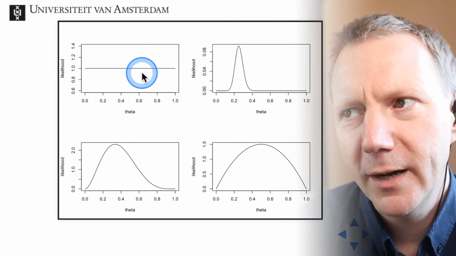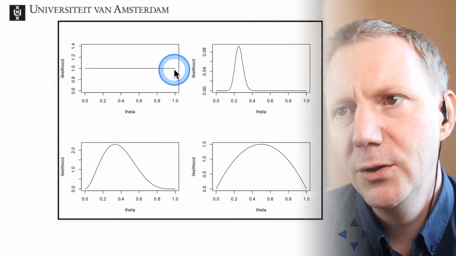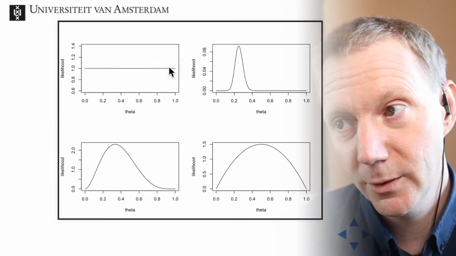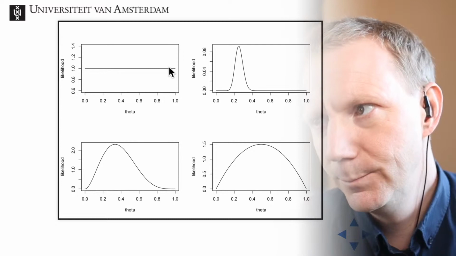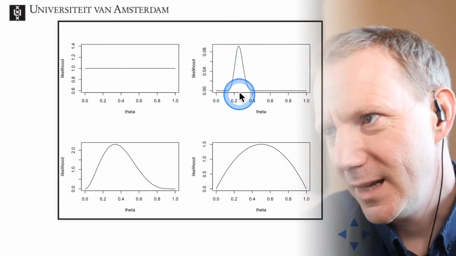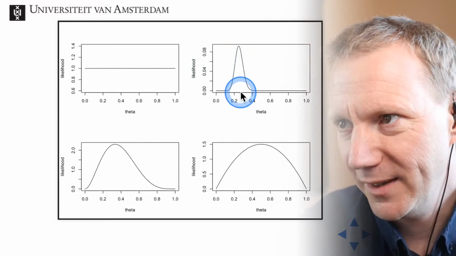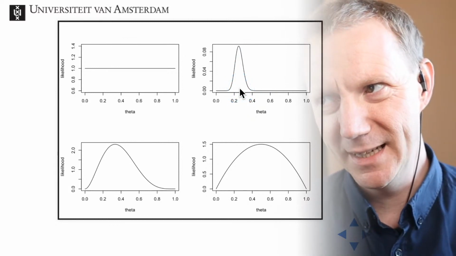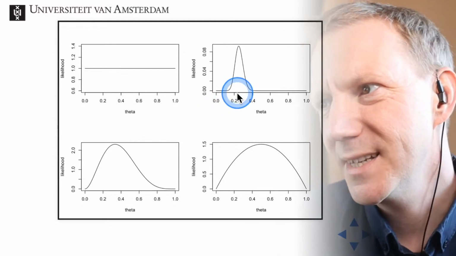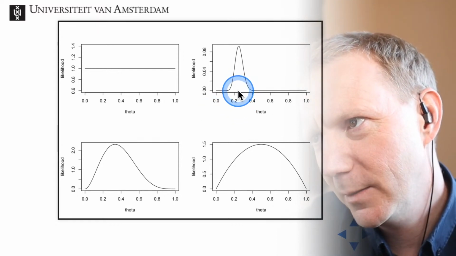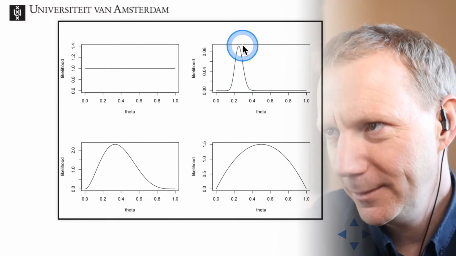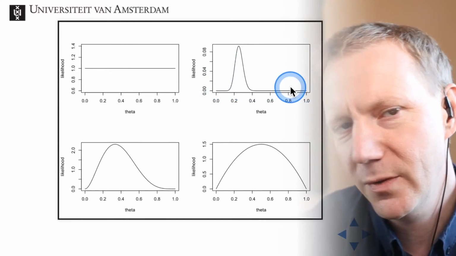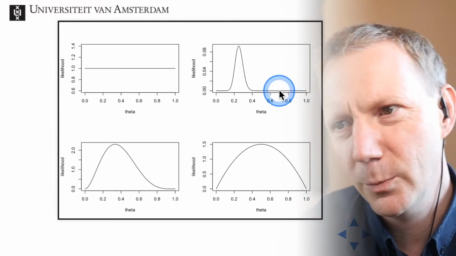Indeed, having a flat prior means that you deem every possible value of theta to be possible, to be likely. Whereas if you think of your hypothesis in this way, top right, then it means that you think that 0.25 is highly likely, and you have a bit of a spread around it, but the rest you think is non-existent, not possible.